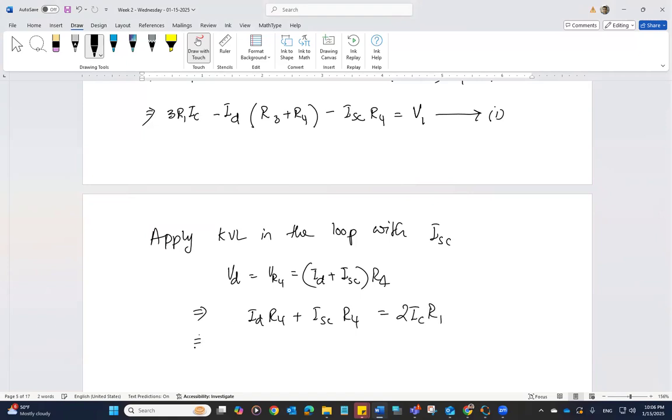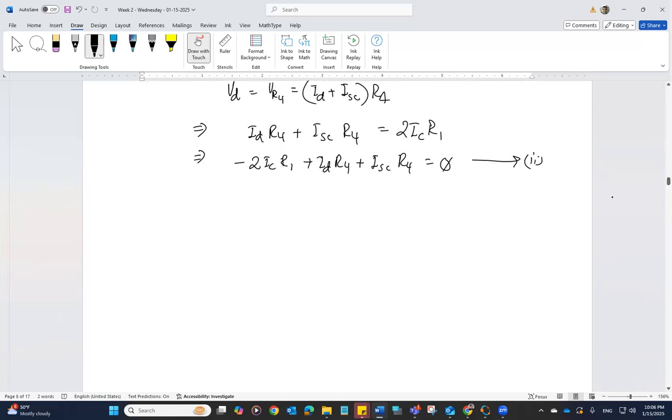So we have all 3 currents present in equation number 2 as well. I'm going to take this on the other side of the equation. So I have negative 2 IC times R1 plus ID R4 plus ISC R4 is equal to 0. And that's my equation number 2.